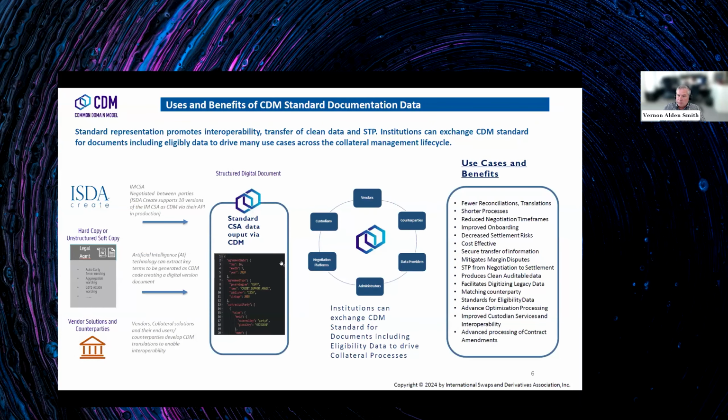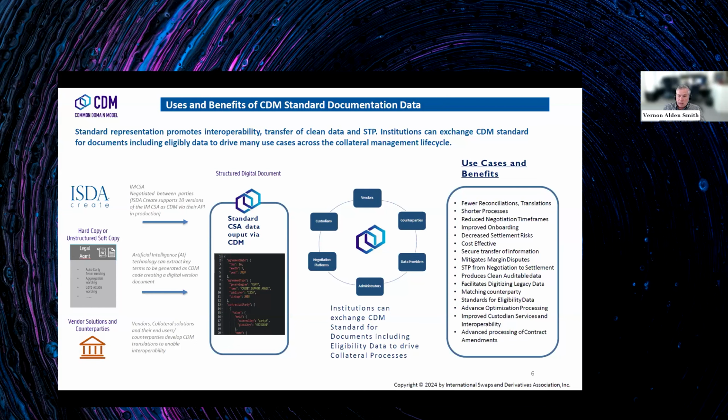And this slide demonstrates these use cases, in particular the ISDA Create one. ISDA Create is already in production for around 10 IM CSAs. They can be negotiated through the ISDA Create platform and extracted after execution to be consumed as CDM. So the API is enabled to produce CDM versions of those documents.